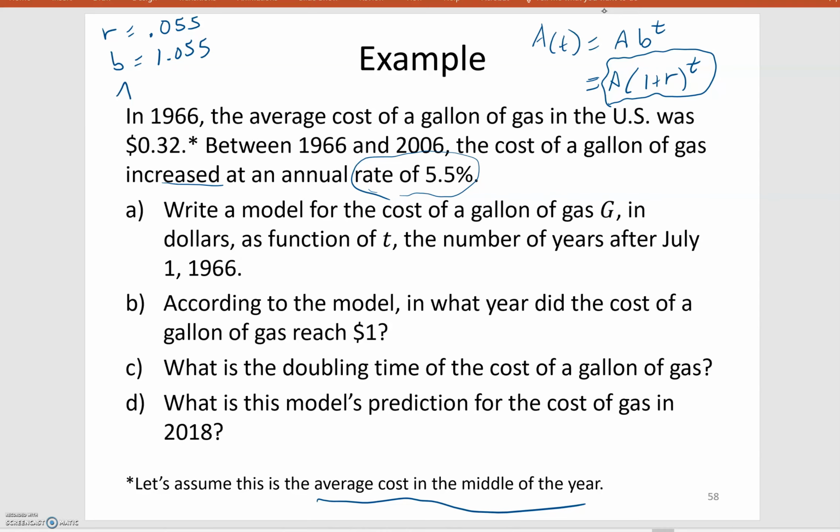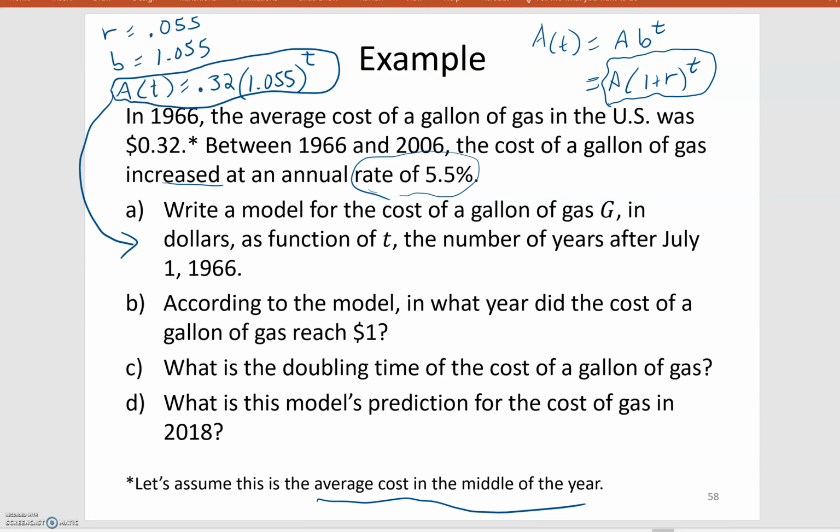And my model, A of t, will have our initial value, which is 32 cents, so that's 0.32 of a dollar, times 1.055 to the t. And that's our answer for part A. So there's our model.